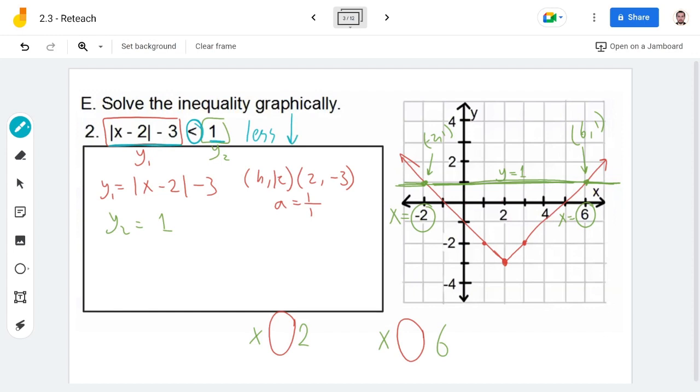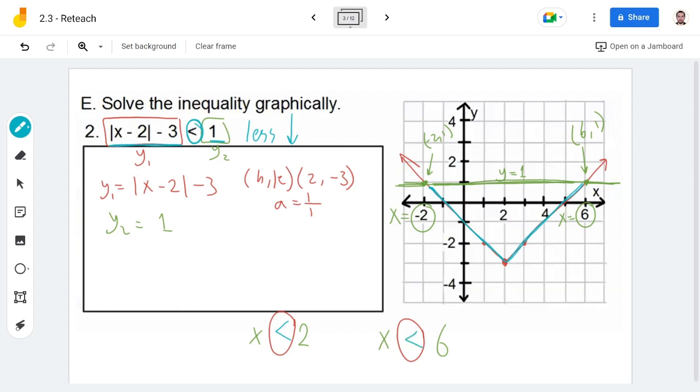So we are talking about this graph from here to here. So all the x here is less than 2, and here same thing, x less than 6.